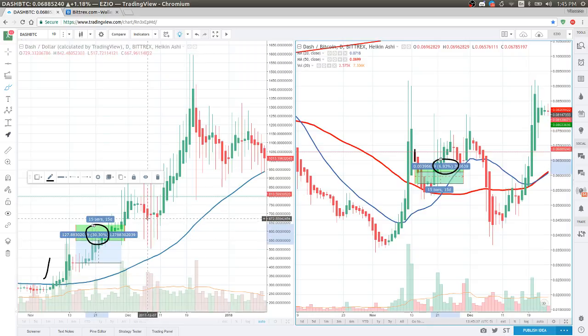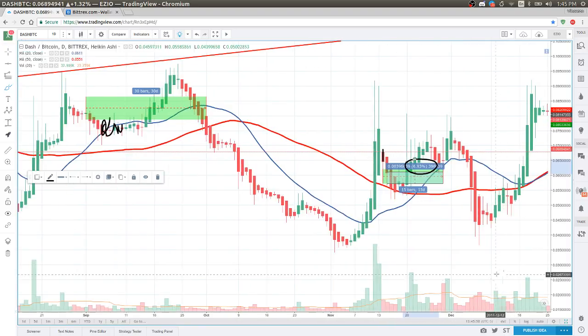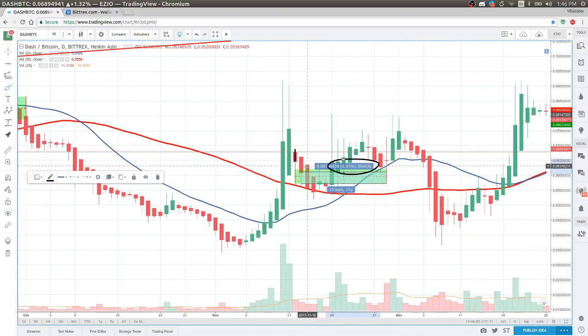So what do you really want to trade? Again, same thing here. If you had Dash and you wanted to think about selling, what chart should you look at? Well, you should look at both, because if you look at the BTC chart, you bought Dash and it's going down, it's going down, then sure it goes up, and then it goes down again. So you're like, I'm up 6%, what should I do?